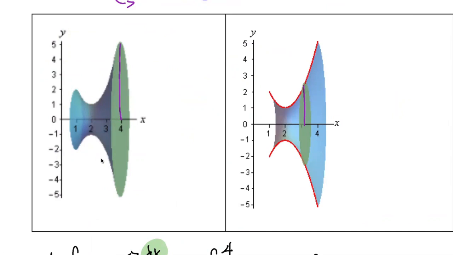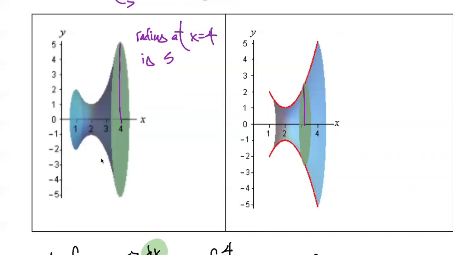What is the radius at x equals 4? Give me the number. Yeah, I would say about 5 is a good guess.